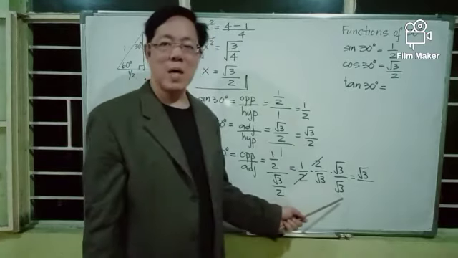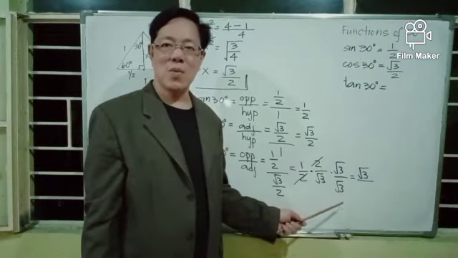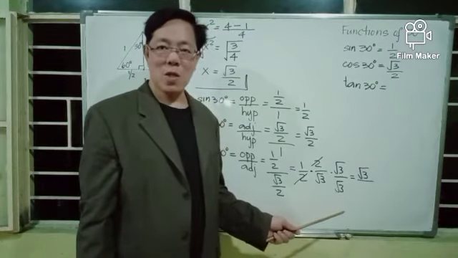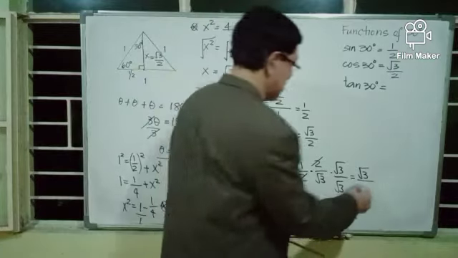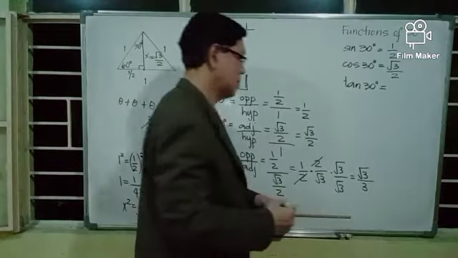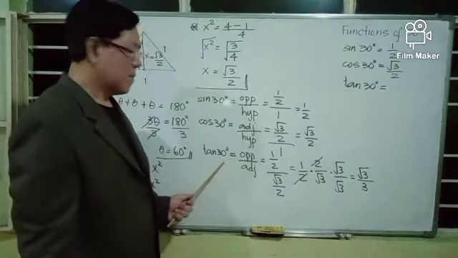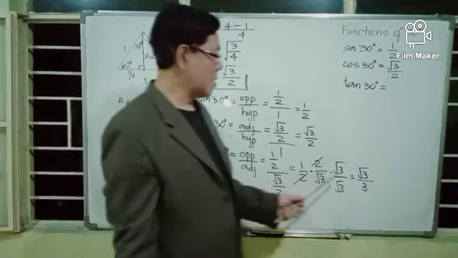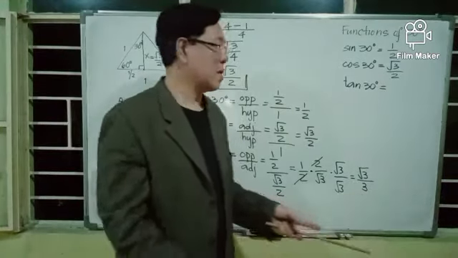Square root of 3 multiplied by square root of 3 is equal to square root of 9, and square root of 9 is 3. Thus, the tangent of 30 degrees equals square root of 3 over 3.